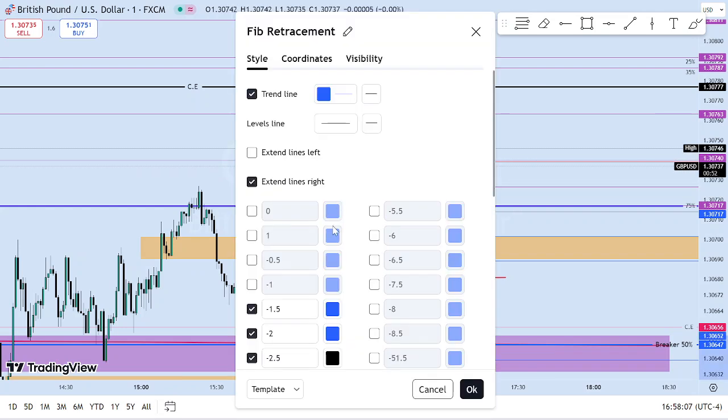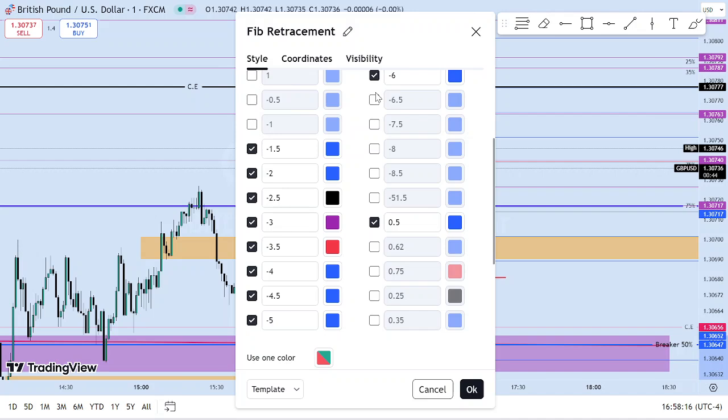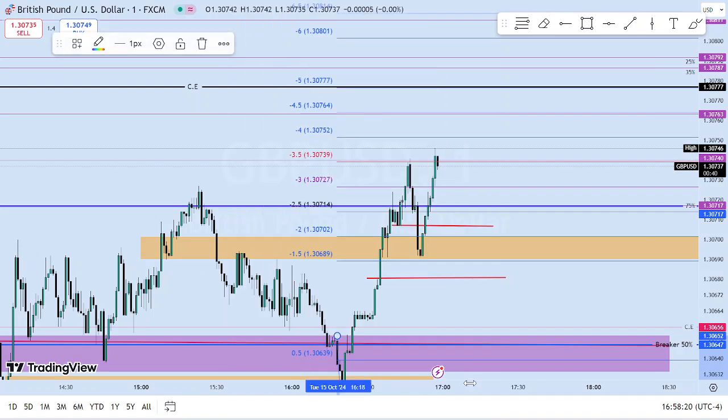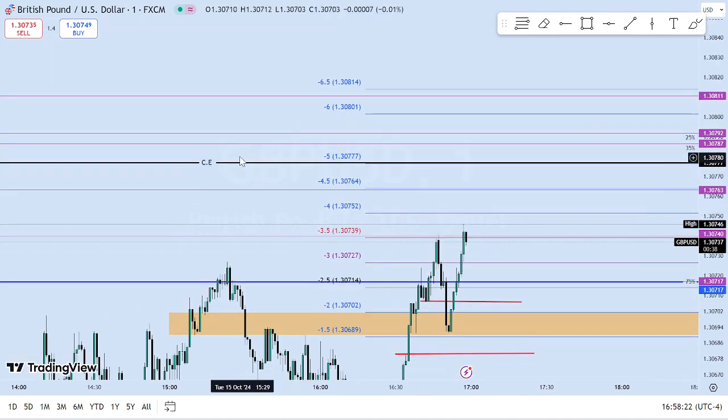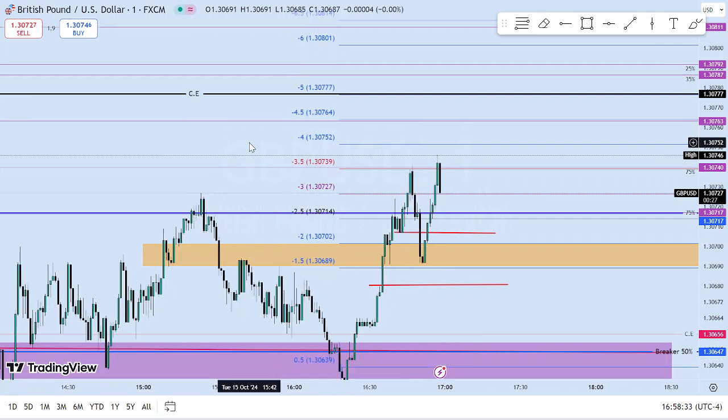You can still target and go for the full pull. You have minus 4, minus 4.5, minus 5, minus 6, minus 6.5 standard deviation, going into the consequent encroachment minus 5. You can pyramid to here and take your partials. That's how to measure out your standard deviation.